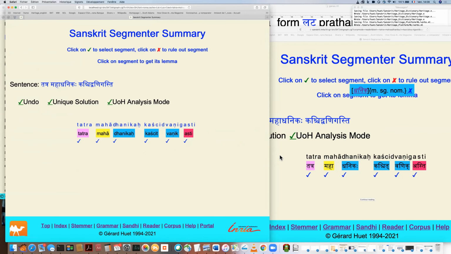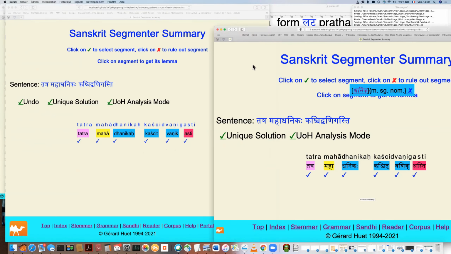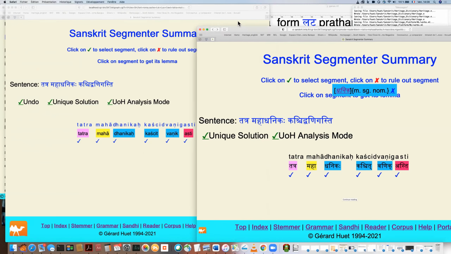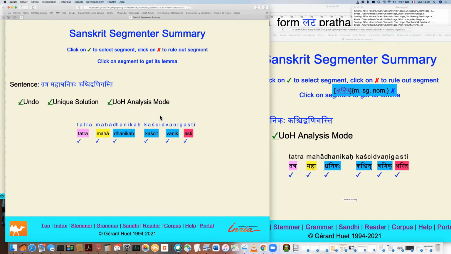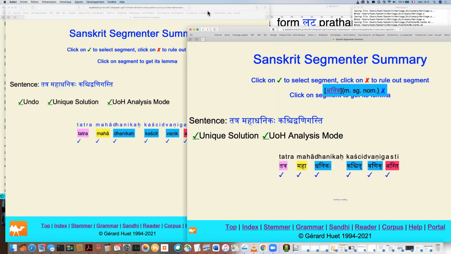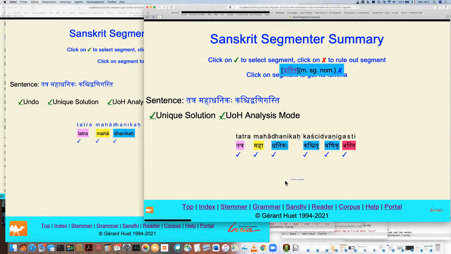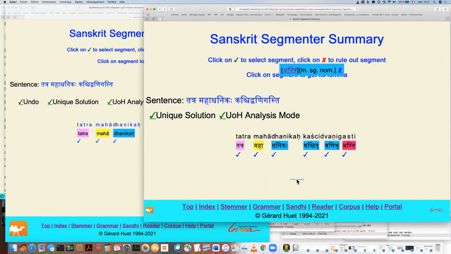See? So you see, this is extremely simple. And my guess is that if you go here and ask the parser in analysis mode, then it will correctly analyze it, and you will get the complete semantic analysis. So I'm not demonstrating that now. We continue reading.